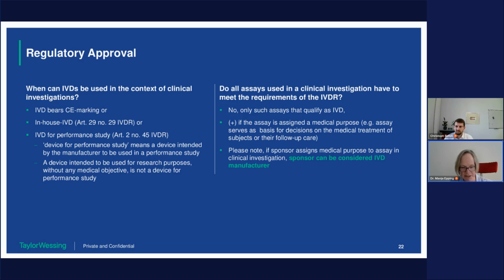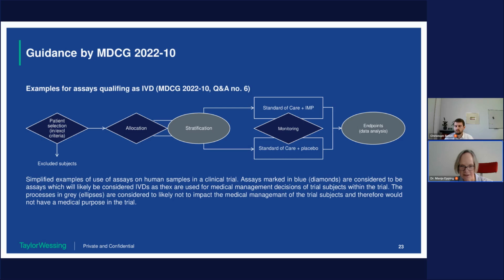The third possibility is that the 2 clinical trials are conducted, let's say, by the same clinic in the same setting, but still under 2 different regulatory regimes. So you have a clinical trial, a performance study with the CDx, at the same time as the clinical trial with the medicinal product. I have to skip this, but you will get the slides afterwards, and you can, of course, look into this.